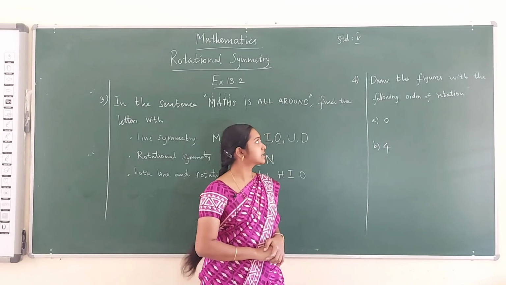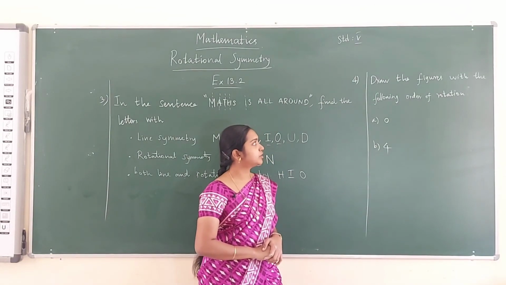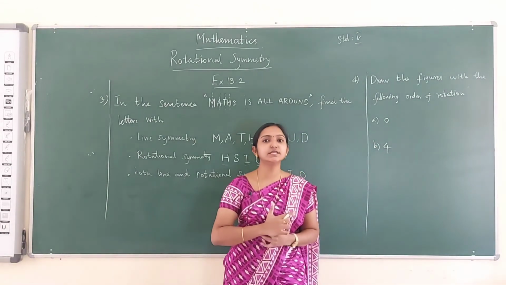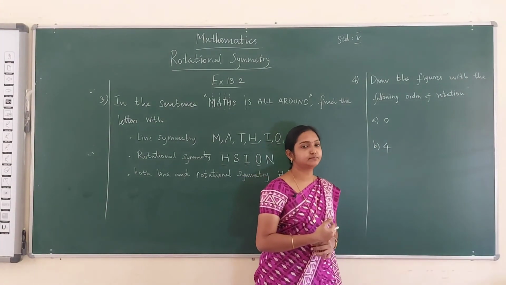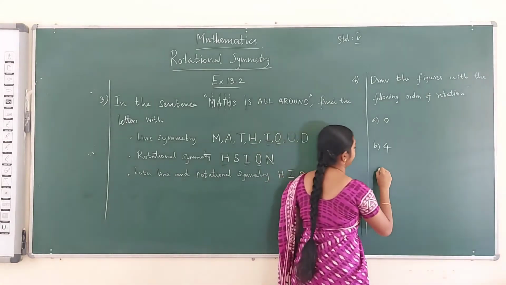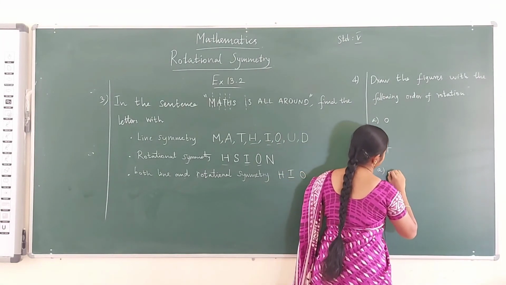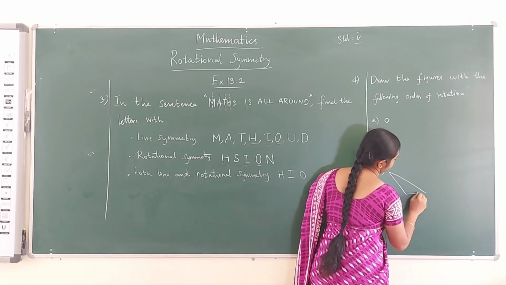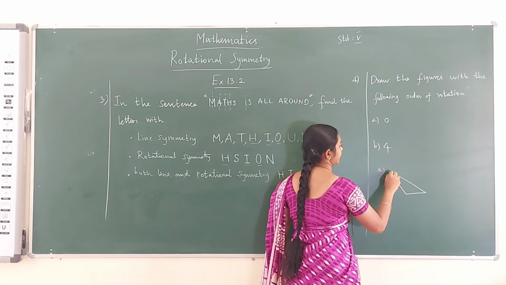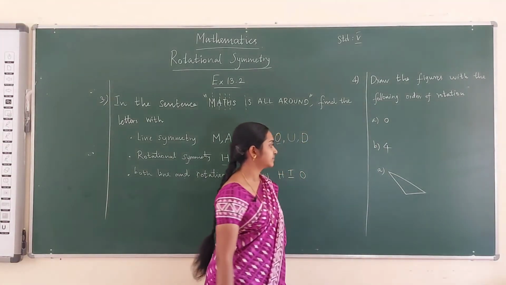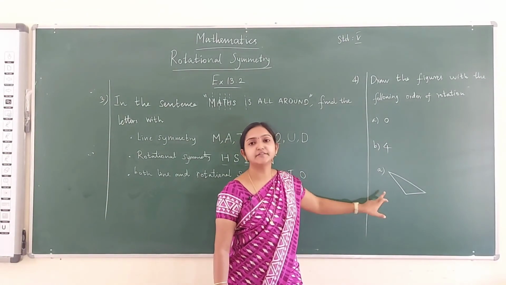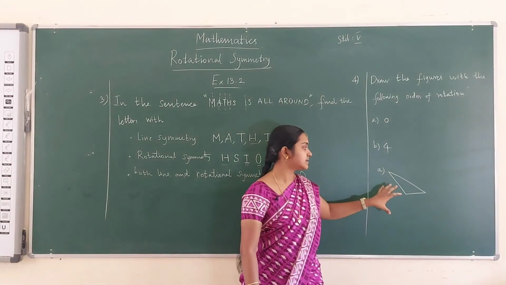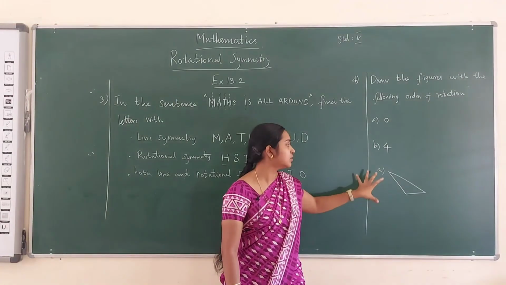The fourth question is, draw the figures with the following order of rotation. The first figure is, we have to draw with 0 rotational symmetry. This object will be having 0 rotational symmetry, because if we rotate it, it won't look the same as the original.